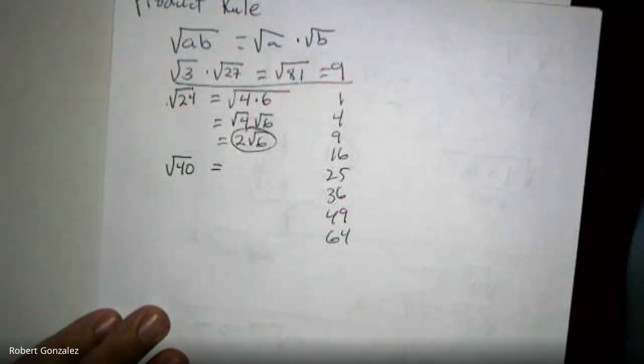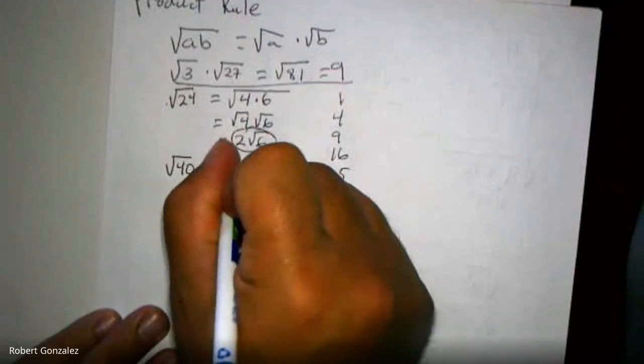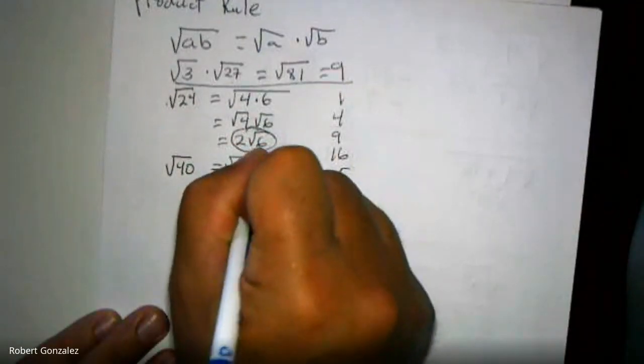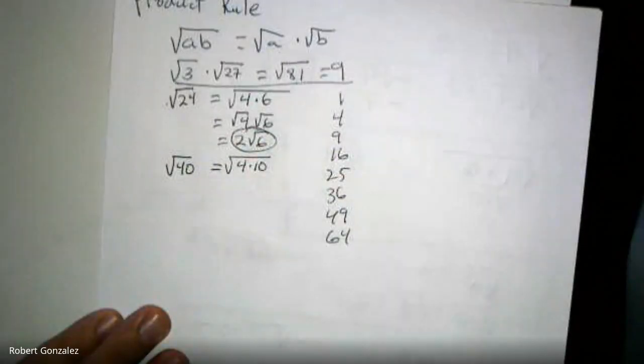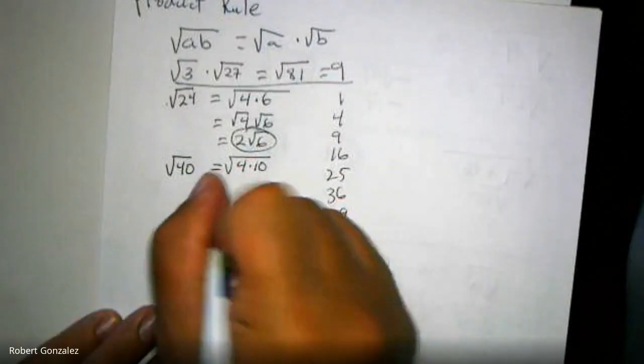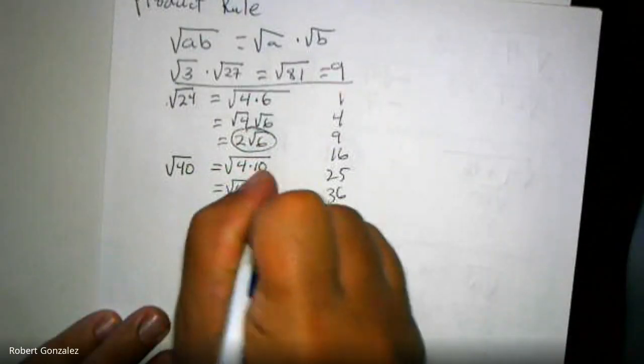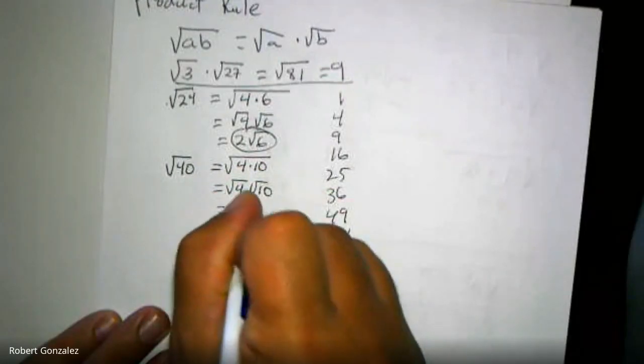What's the biggest perfect square that goes into 40? Well, that's right. It's 4. 4 times 10. We can split it up as radical 4, radical 10, and that gives us 2 radical 10.